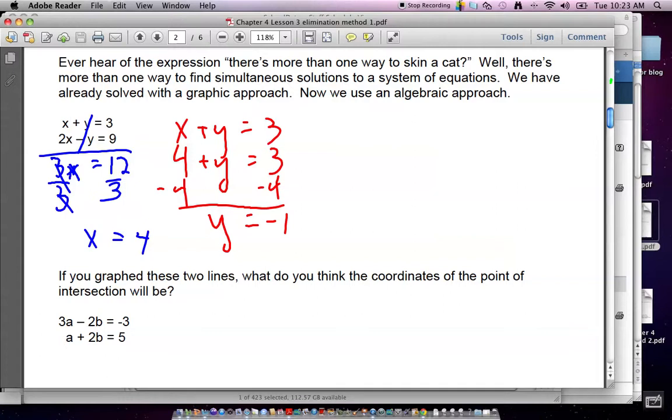Now the next question I have to ask you is this. If you were to graph the 2 of these at the same time, what would be the point of intersection? Money question here. Where would they cross?